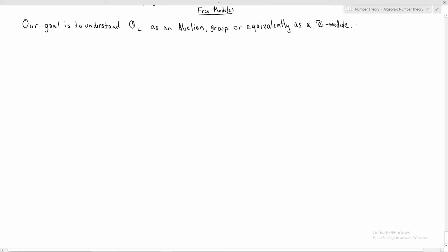What does the additive group structure on O sub L look like? So we'll eventually prove the following theorem: let L be a finite extension of Q of degree m.